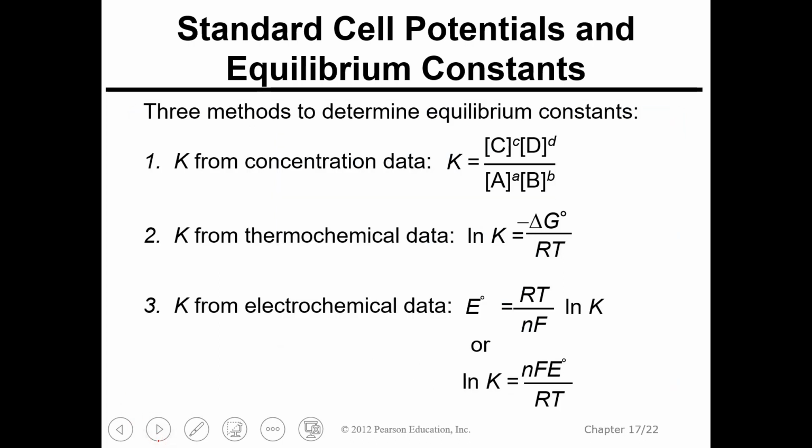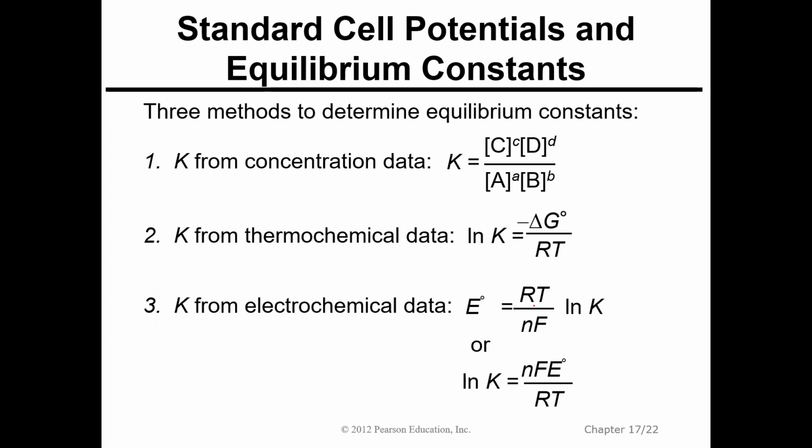So there are 3 different ways we can actually use to determine an equilibrium constant. We can determine an equilibrium constant based on concentration data. We can determine an equilibrium constant from thermochemical data. So if we know delta G naught, we can plug that in, and we already know R and T, so we can use that to calculate our equilibrium constant.